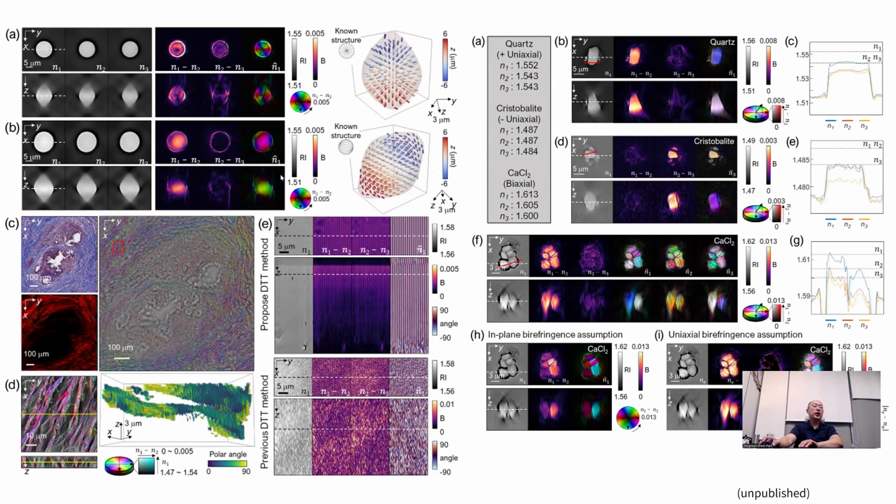So we were able to measure three-dimensional tissue sample structures, and we also measured very interesting biaxial and uniaxial crystal structures. This is an ongoing study, and we would like to use this technique to characterize both biological and non-biological samples.